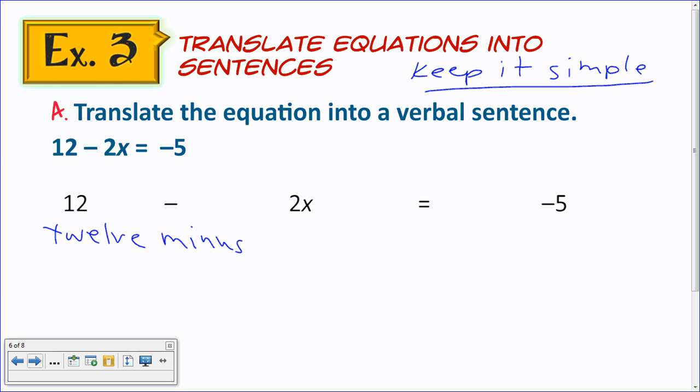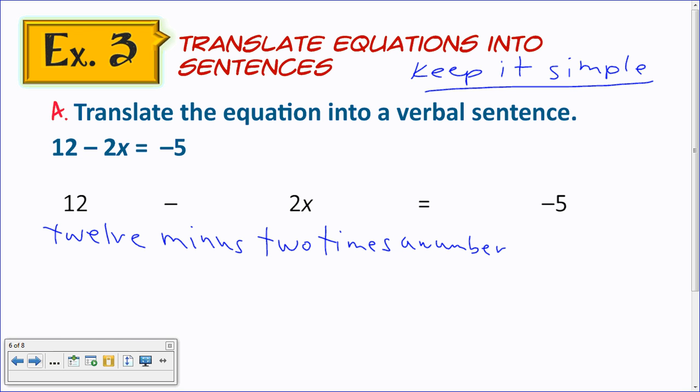12 minus what? 2 times a number, right? Now, can I list the number? Yes. Do I have to here? No. Why? There's only one variable. Very good. 12 minus 2 times a number.